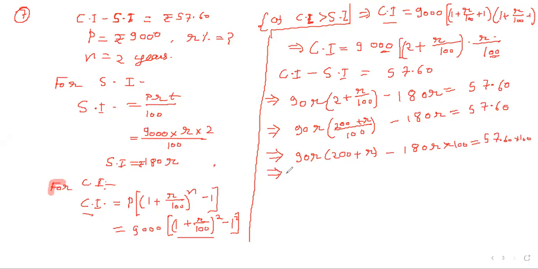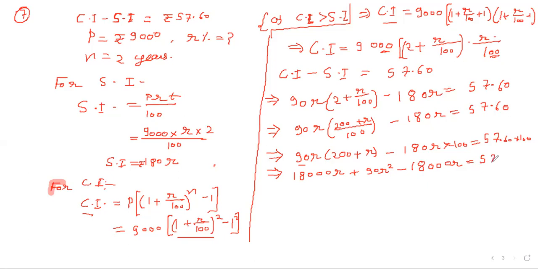It implies 90R into 200, 9 2s are 18, and 3 zeros, 18,000 R plus 90 R square minus again 18,000 R.